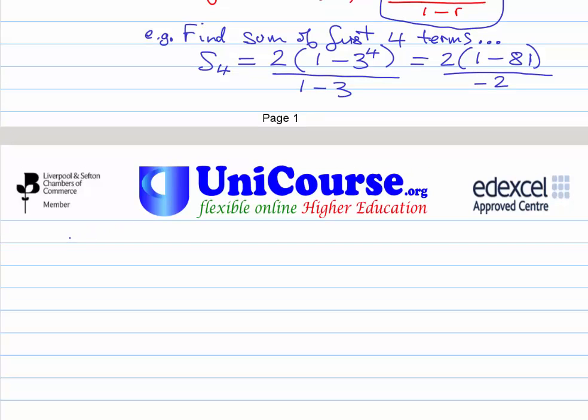So we're almost there on this. So what we can say is S4, or the sum of the first 4 terms, is 2 lots of, well, 1 minus 81 sounds like minus 80, and that all sits over minus 2. Some cancellations. The minuses cancel, the 2s cancel, and we're proposing the sum of the first 4 terms is 80.